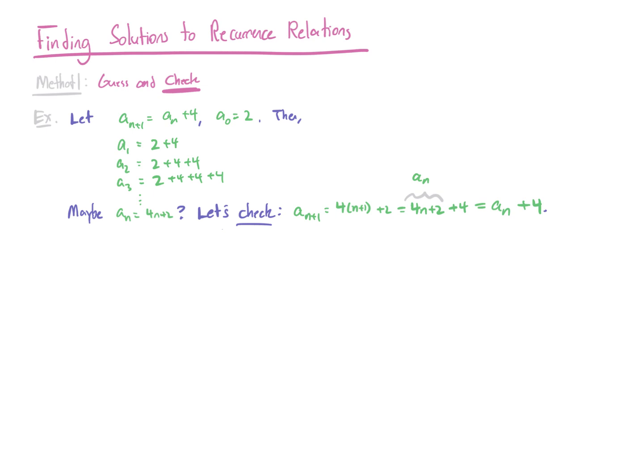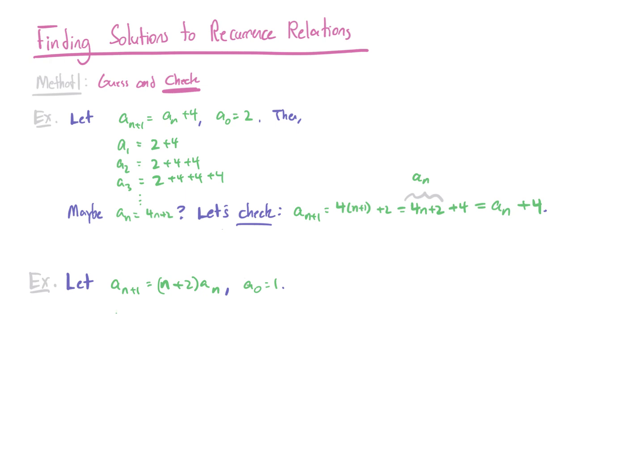For now, let's do another example here. This time our recurrence relation is that a sub n plus 1 is equal to n plus 2 times a sub n, and our initial condition is a naught is equal to 1. So let's calculate a few terms so that we can use the guess and check method. We're going to try to find a pattern.